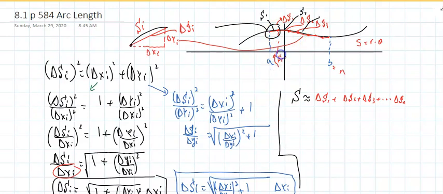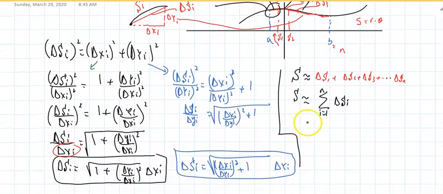So I could say S is roughly the sum from i equals 1 to n of delta S sub i.